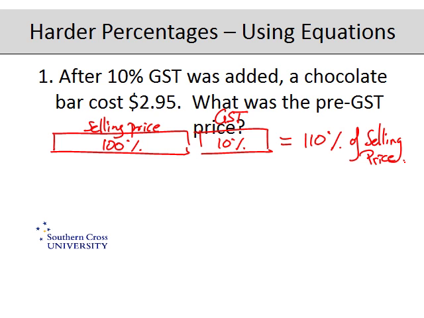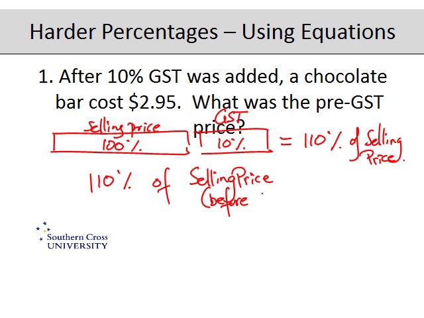So what we can do is we can say that 110% of the selling price before GST is equal to $2.95.